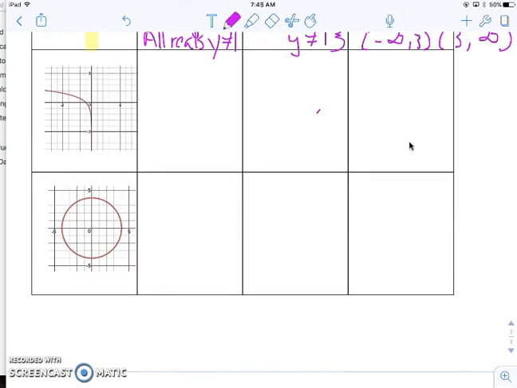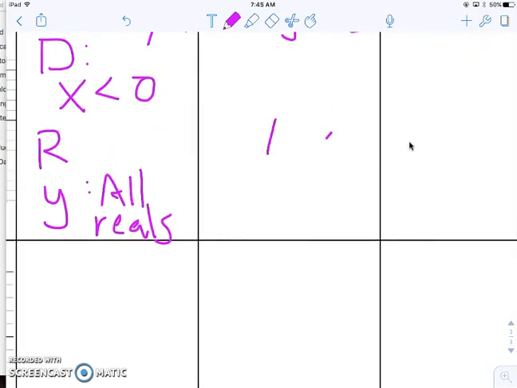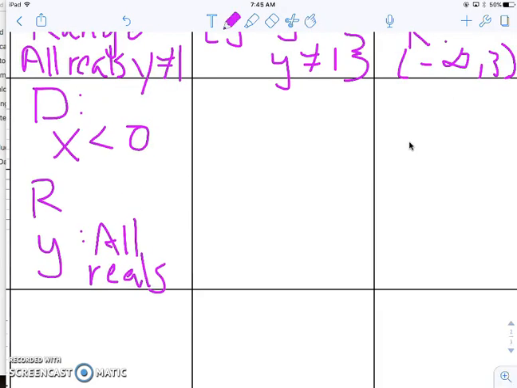Now this next one here, let's see, so our domain, it looks like it goes to 0, so x has to be less than 0. In our range, it keeps going up and down, so y, we could say all reals. So then again, in this set notation, we can say that our x, make that fun bracket, such that x is less than 0.